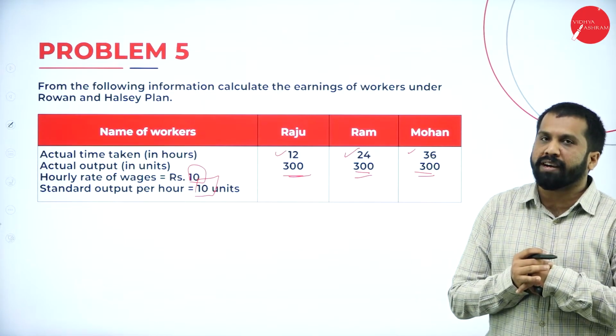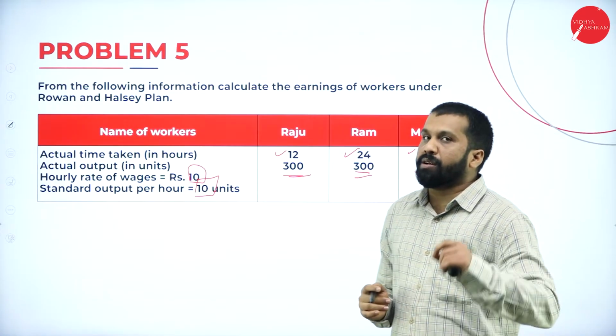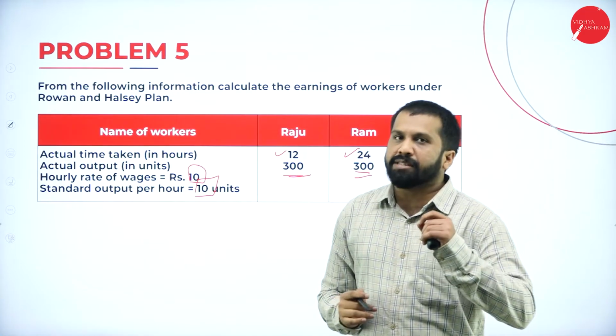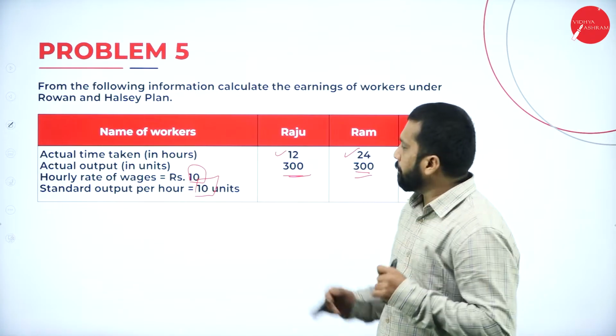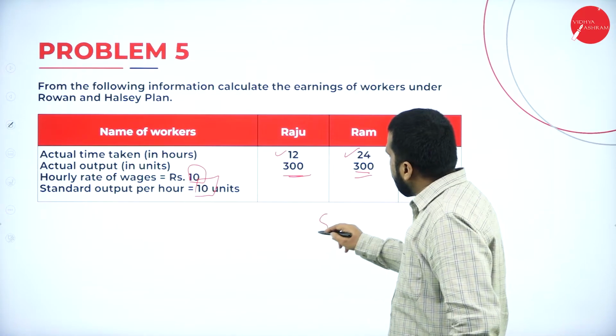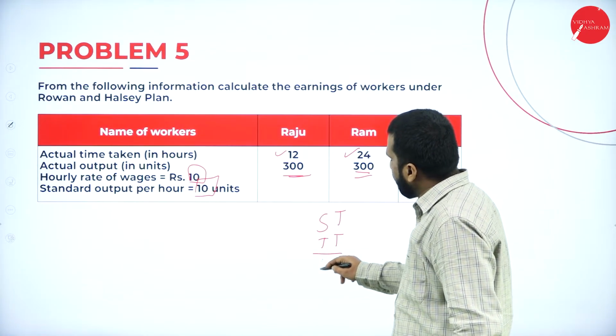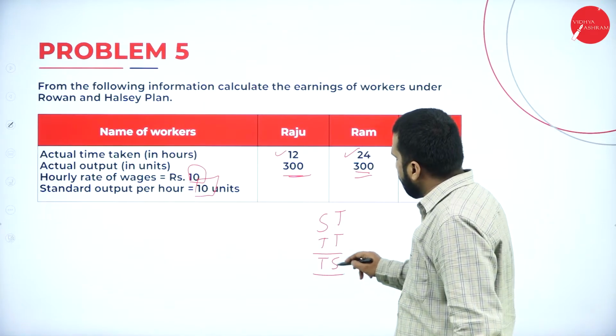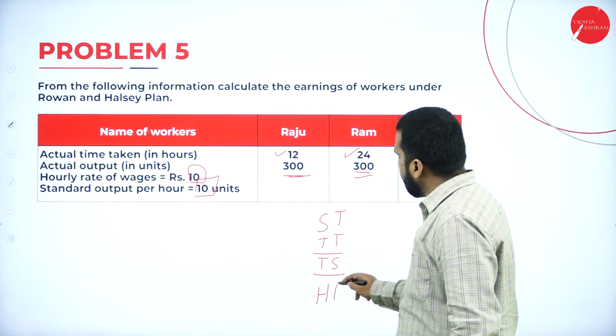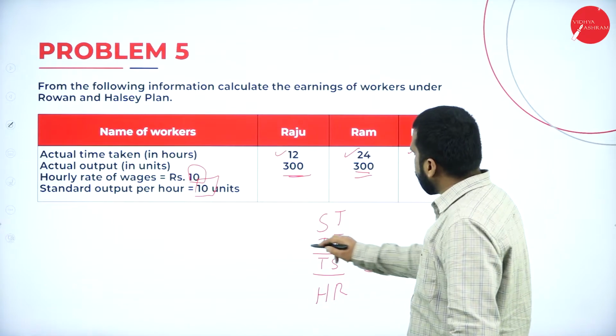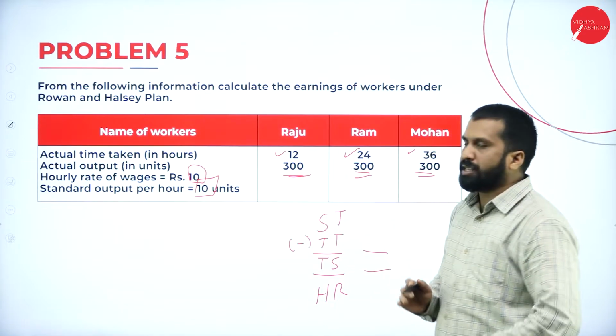What we are supposed to find out? We are supposed to find out standard time as well as time saved. Now, we'll write down one by one: standard time, time taken, you will get time saved. And finally, hourly rate, you are supposed to find out. There is a procedure.